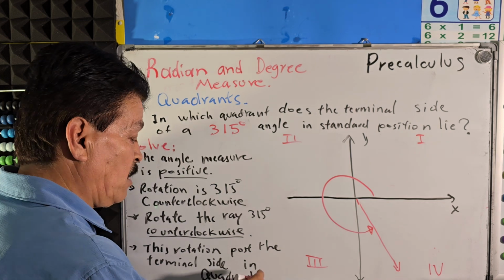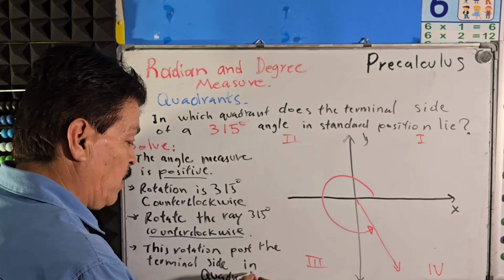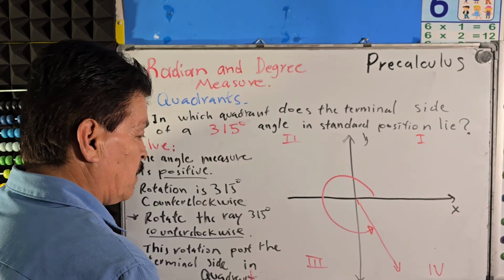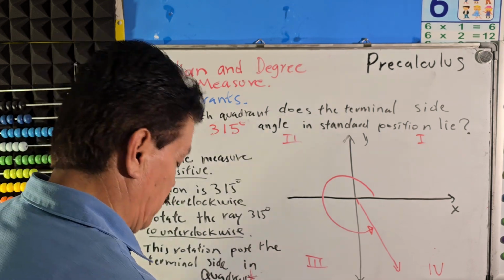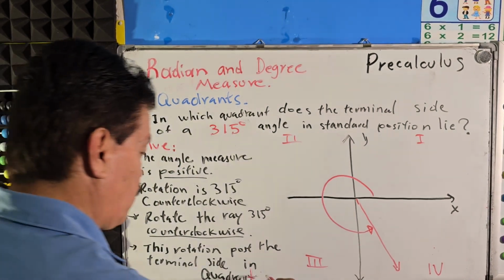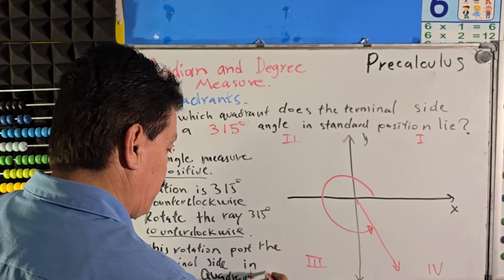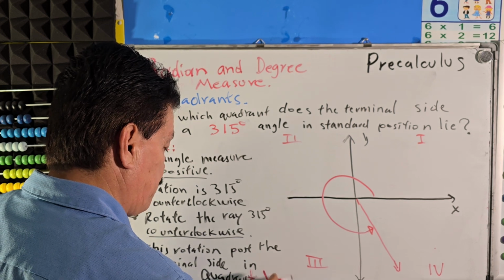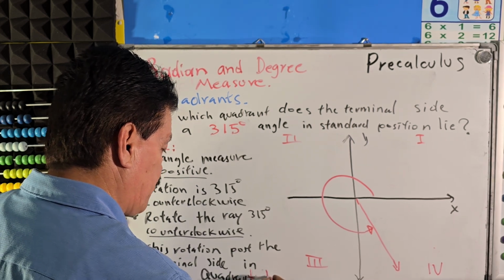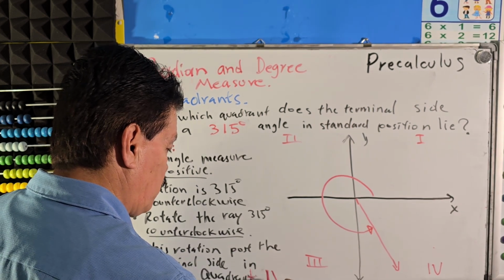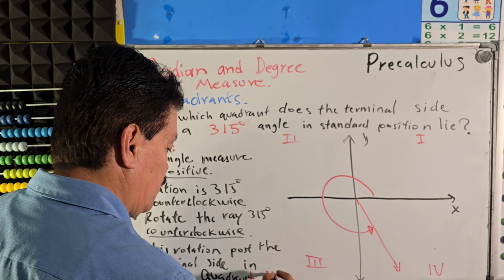Okay, so for the answer here we need to write which quadrant. I already have the answer there. The quadrant, you know, is 4. Quadrant 4. That's it.